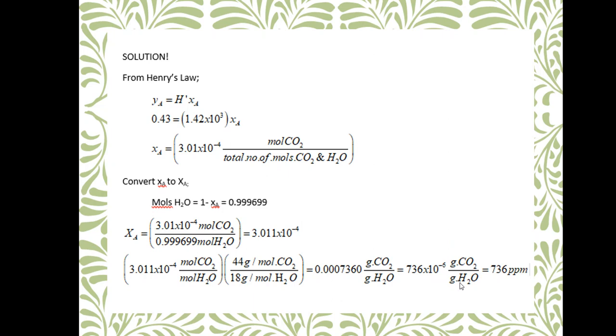So, if it's per 1 million grams water, then that would be 736 parts per million for the degree of solubility of CO2 in water.